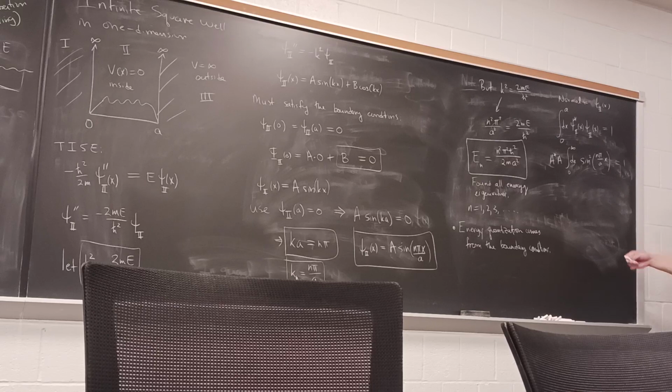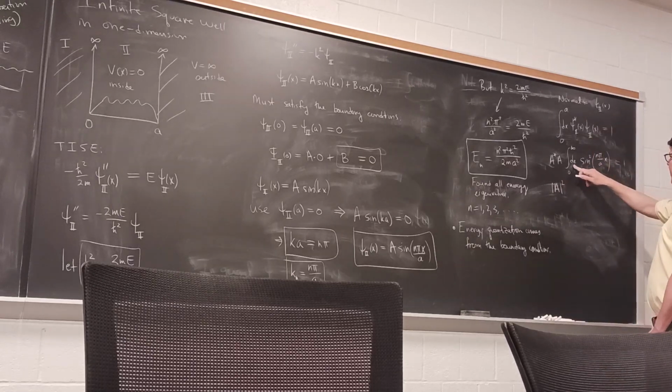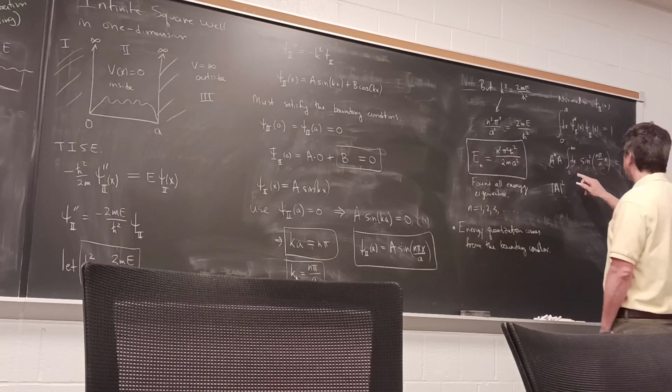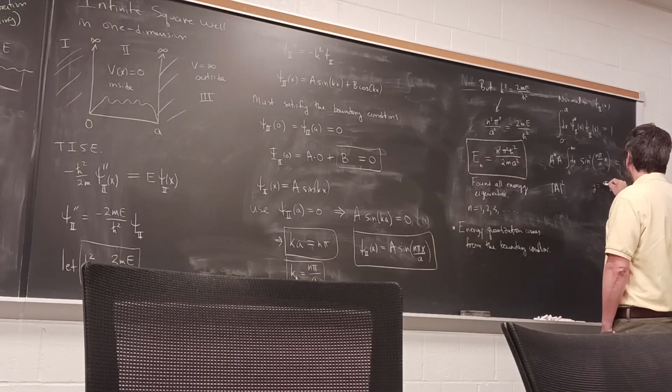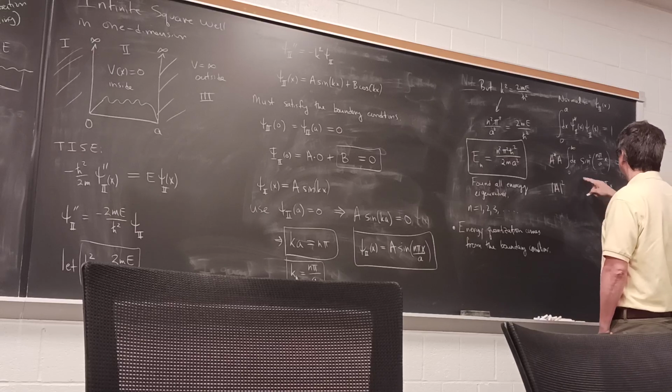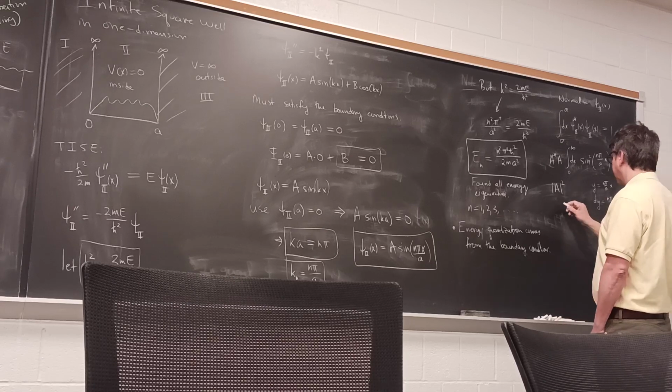All right, so let's see, this is mag A squared, and I'll just change variables here. Let y equal n pi over a times x. So dy is equal to n pi over a dx.